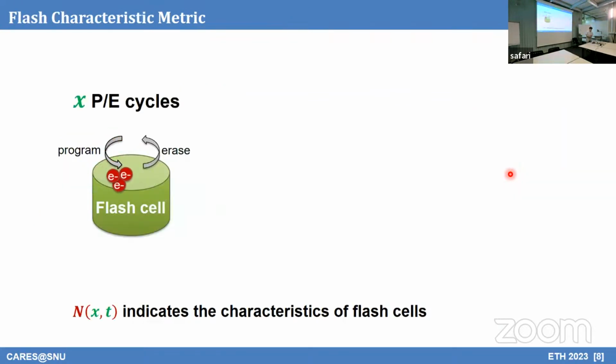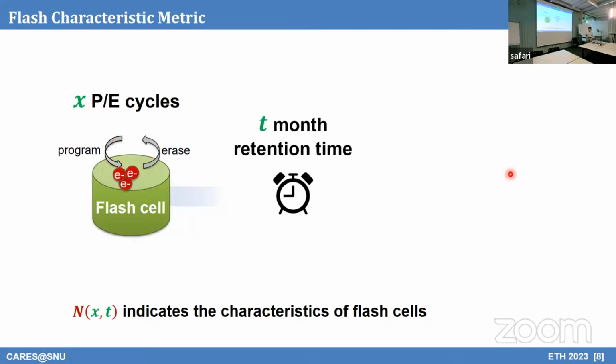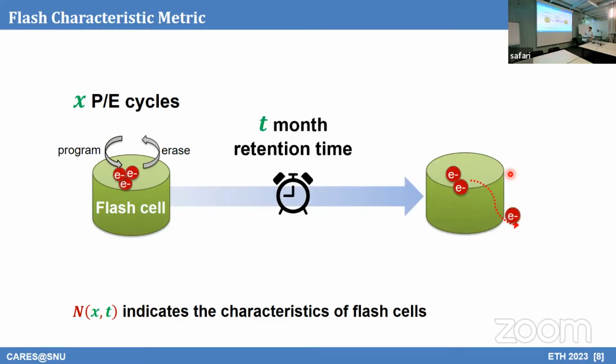But what we actually used was this: when we evaluate flash reliability, we typically go through something called a program erase cycle. We write and then erase, write, erase, because this wears flash cells out.